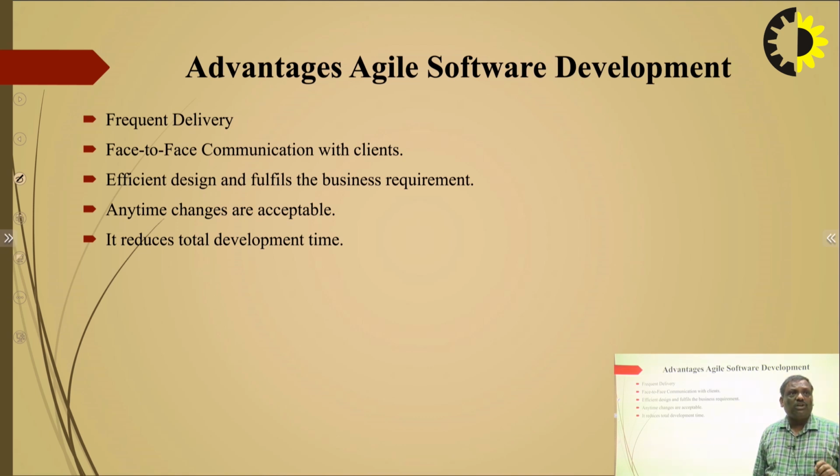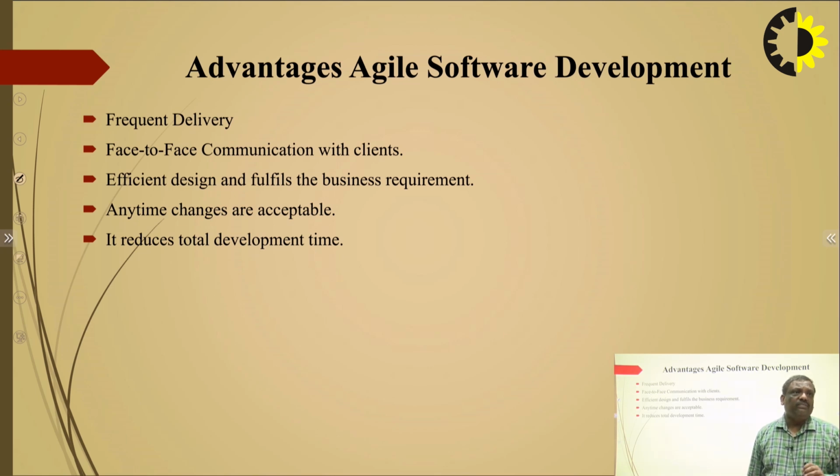Face-to-face communication with the client: if more meetings are involved in this development process, the client knows everything. Efficient design and fulfilling business requirements. Because of rapid change, our goals are altered within days.